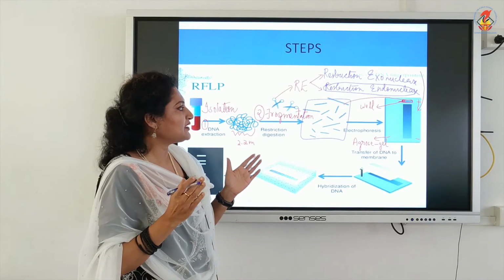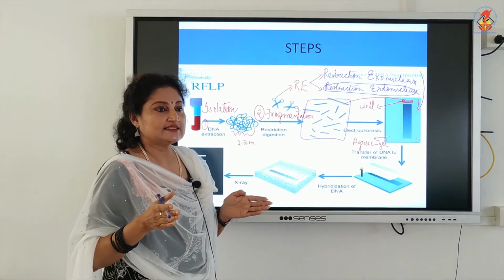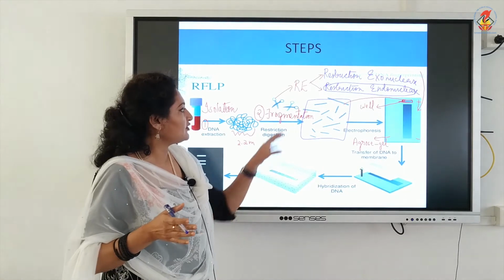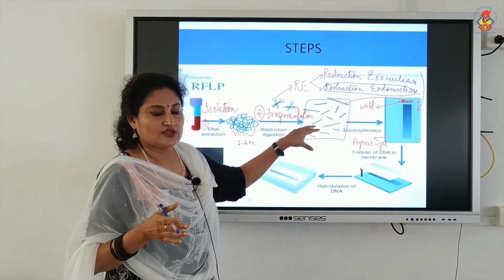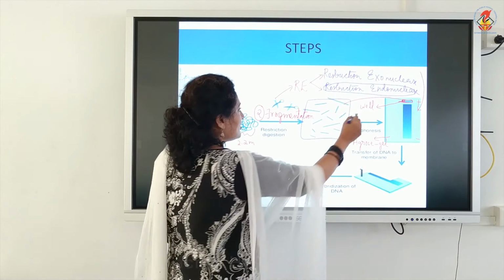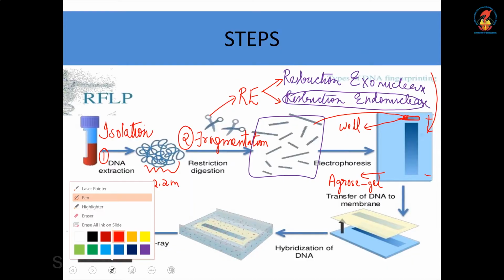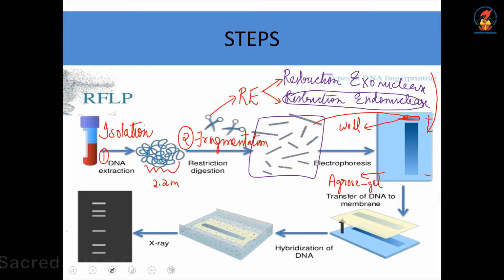Okay. Now the purpose of gel electrophoresis is to segregate the fragments based on their size. Now we have fragments of various sizes, so we are going to segregate them based on size. I am taking yellow to show the DNA fragments. So you can see the big ones are here, and the small ones are further away.